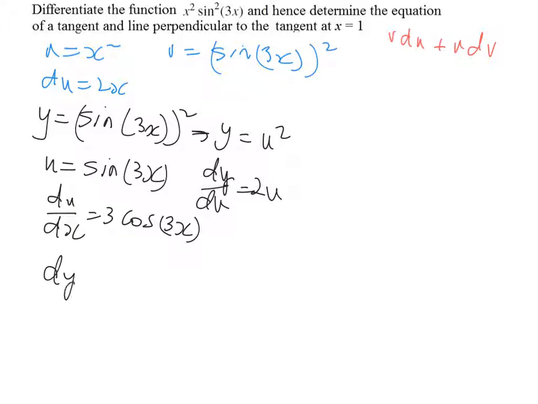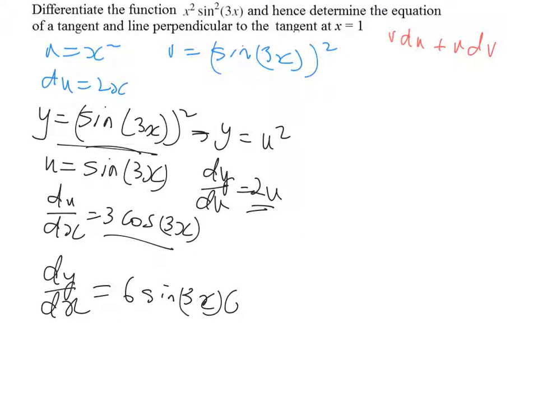So now for dy dx, the derivative of this, we multiply the two derivatives. So we end up with 6 sine 3x cos 3x. So that's our derivative there.